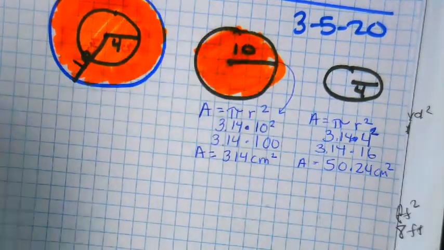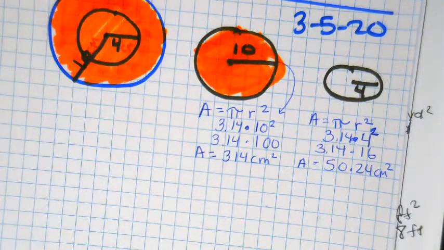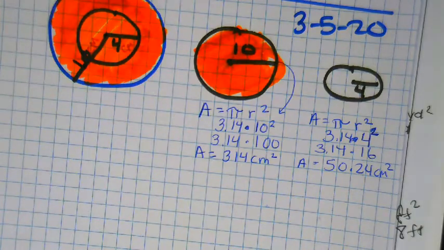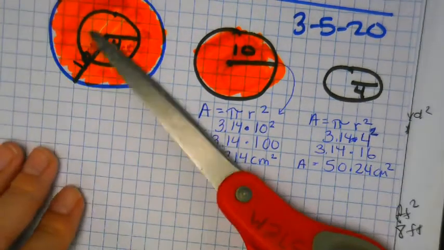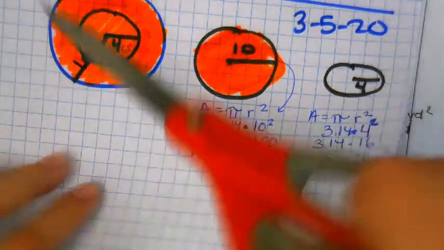So, the whole thing is orange. This is orange, right? So, all of this is orange. All of this is 314. Cool. But what I'm going to do is take a pair of scissors and cut out this part.